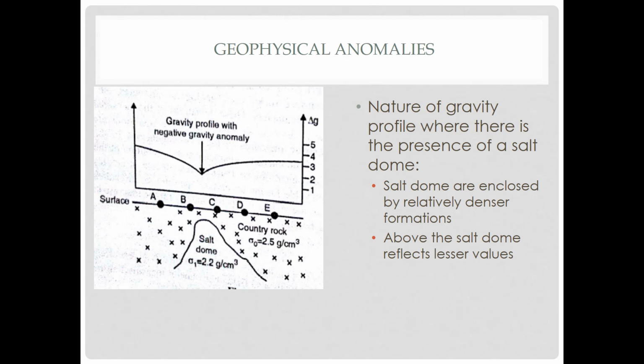So this is one geophysical anomaly that reflects a negative anomaly. So this produced a gravity profile with a negative anomaly.